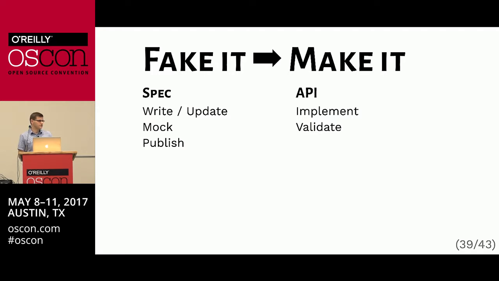And the other part of it is you can publish very easy to read documentation out of that spec if your clients want to see some more rendered HTML or PDF, anything like that. Then, after you've maybe hashed out some miscommunication with your clients, you can actually do the implementation. And we're also going to see some validation for your implementation. So hopefully this demo part is going to work.